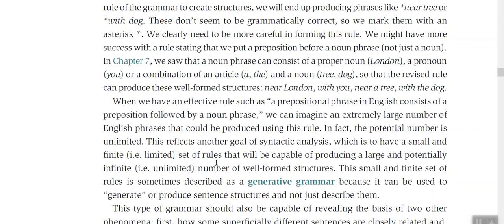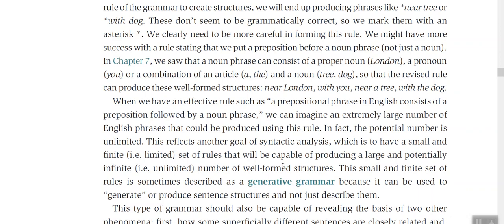So when we have limited rules, certain rules, finite rules, a small set of rules, like for example this rule, prepositional phrase, that will be capable of producing a large, potentially infinite, unlimited number of well-formed structures.